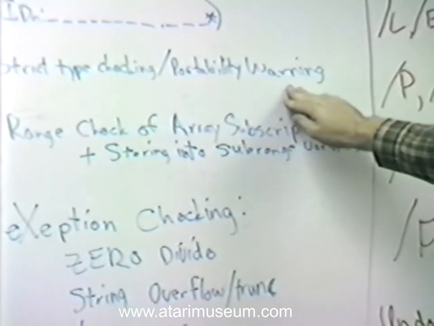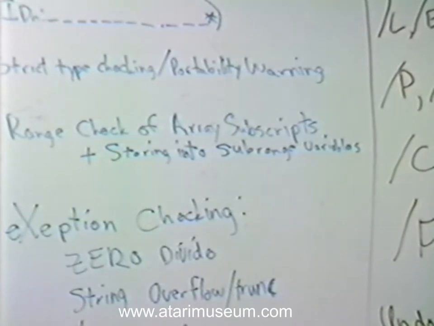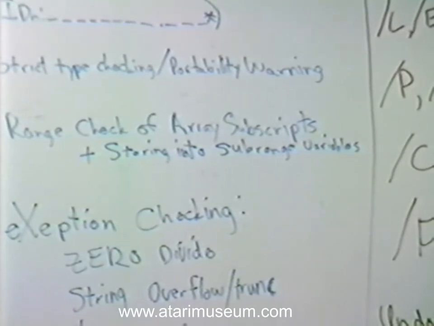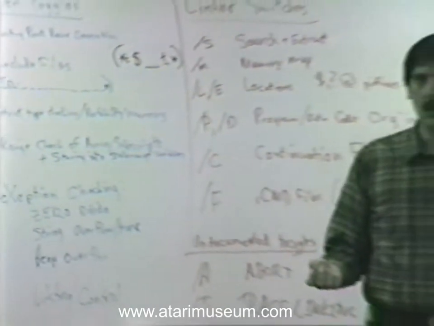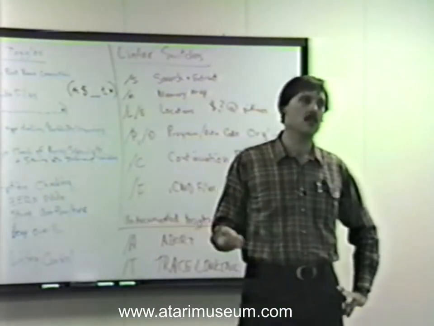And then the W, which is a portability warning toggle, which tells you if you are compiling a non-ISO standard program. That is a program that can't be ported from one type of Pascal to another. Generally, the defaults on both of these are minus, that is, they're relaxed.